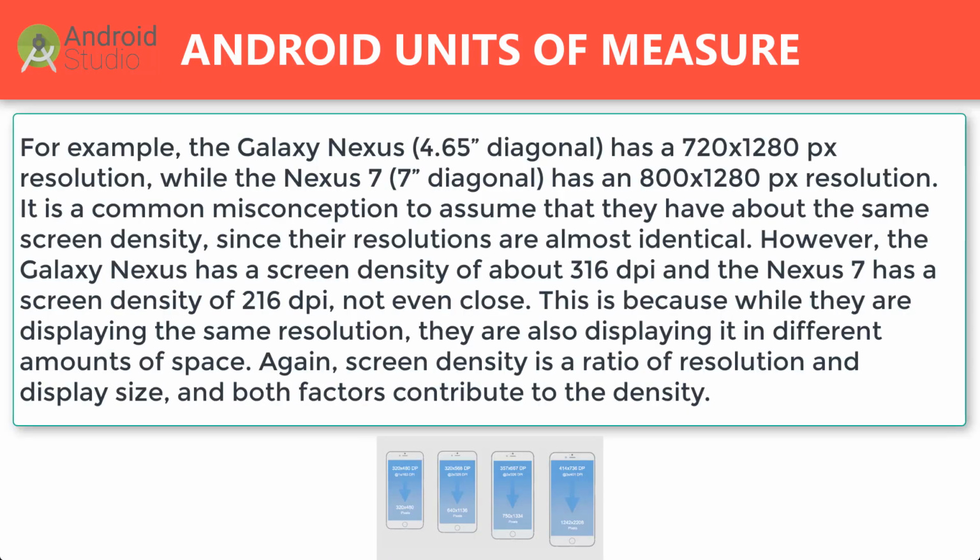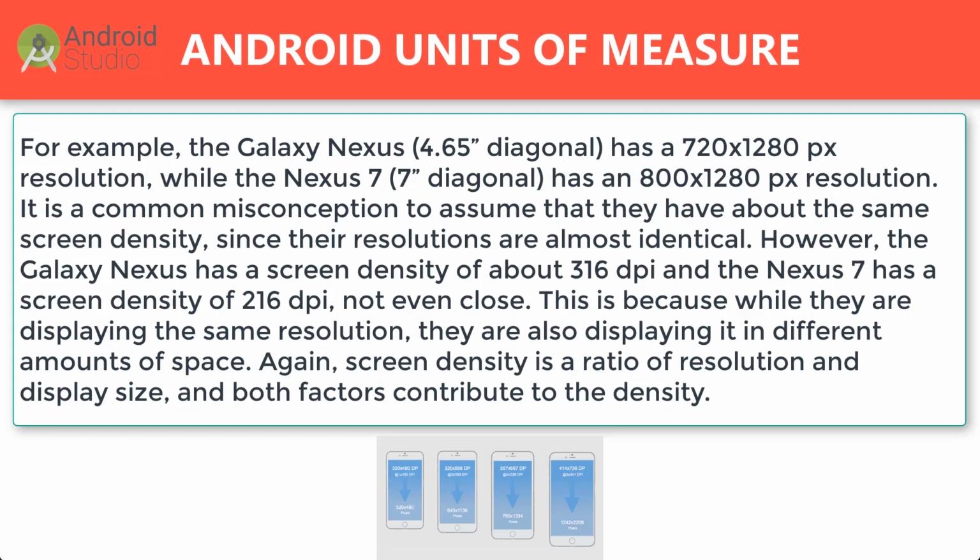Let me give you an example. Let's say you have a Galaxy Nexus with a 4.65 inch diagonal screen that has a 720 by 1280 pixel resolution, while the Nexus 7 has a 7-inch diagonal screen which has 800 by 1280 pixel resolution.